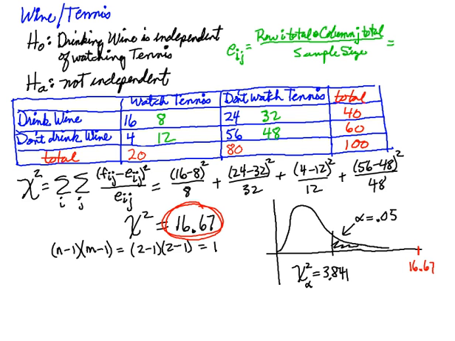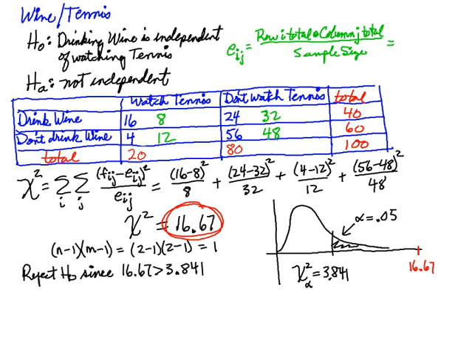And so I'm pretty confident that we can go ahead and reject H sub 0 since our test statistic, 16.67, is greater than 3.841.